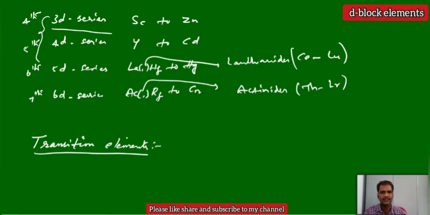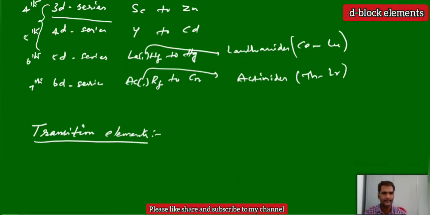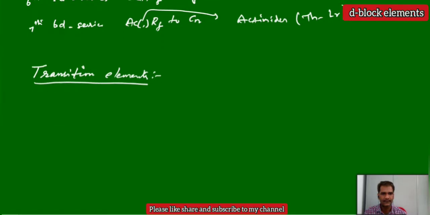In the +2 oxidation state, zinc, cadmium, mercury have d10 configuration. So they cannot be referred to as transition elements. We can call them d-block elements. So transition elements we can define like this.